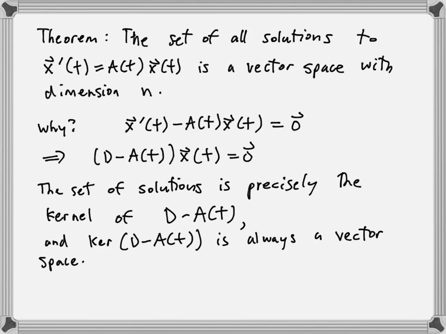Now, why it has dimension n, that is a little bit deeper. We are not going to prove that, but it is important to know that it does have dimension n. And in fact, this is a subspace of Vn of I. Remember, we called Vn the set of all column n vector functions. Okay, so let's keep going then.